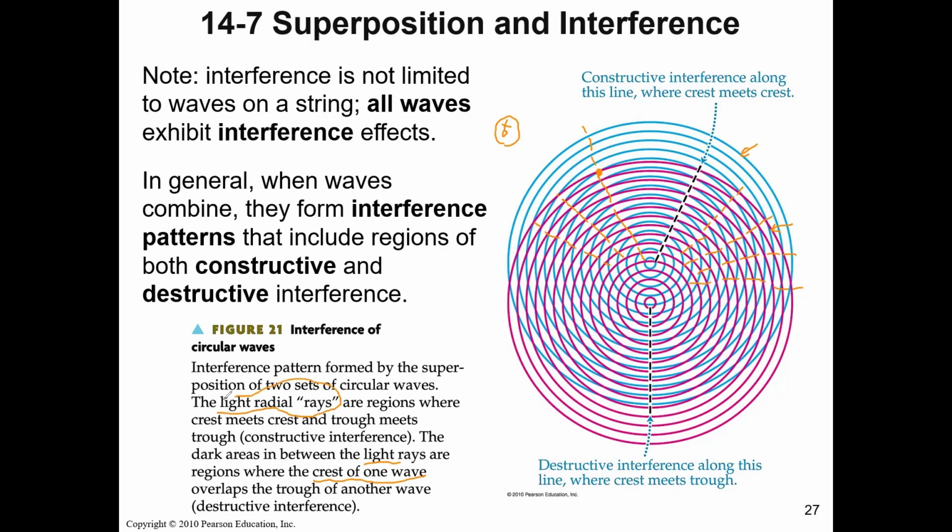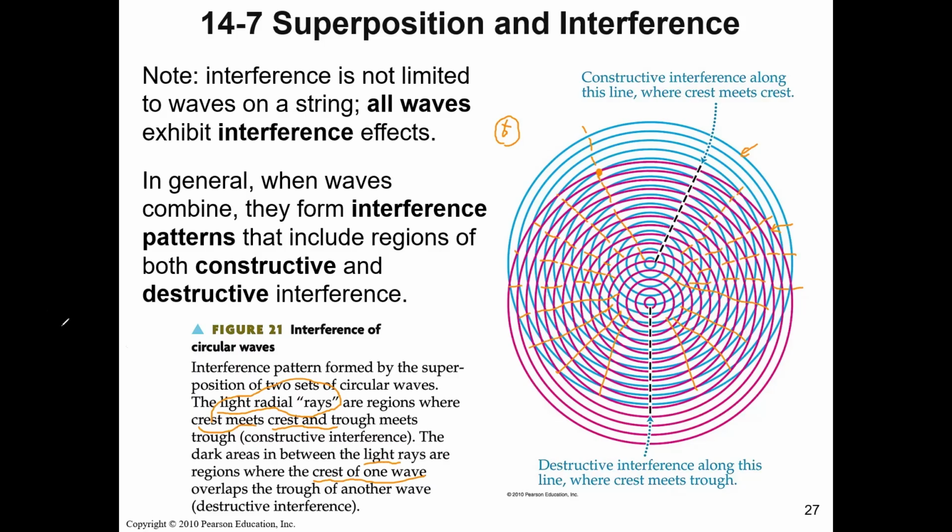The lighter regions are regions where the peak of one wave meets the peak of the other wave. And in that case, we have constructive interference. We have constructive interference everywhere in here, here, here, here, and here. We have lots of regions with constructive interference.